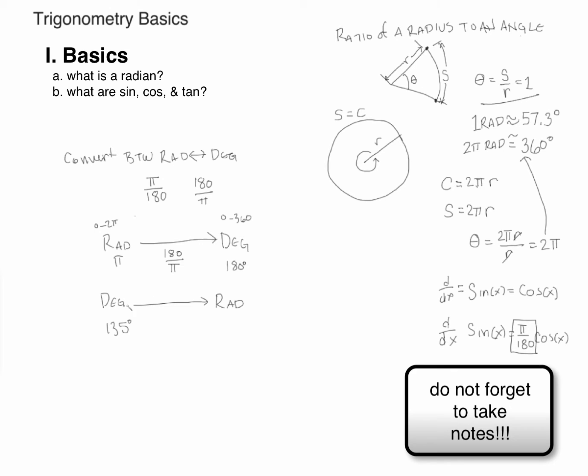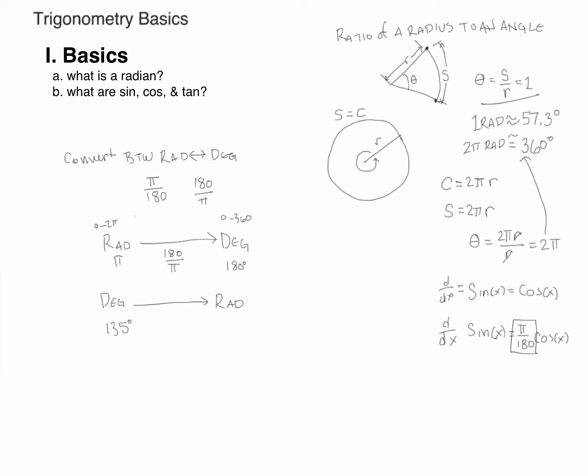Now, I said degrees is a big number. We're going to convert it into a smaller number. Which of these two factors will do it? 180 over pi is like a 57-ish number, so this number multiplied by that is going to make an even bigger number.